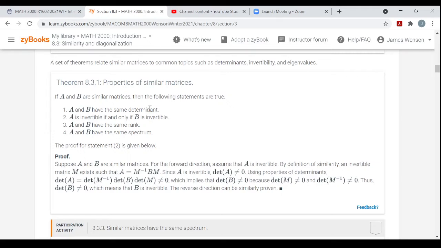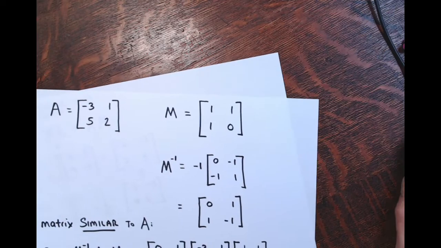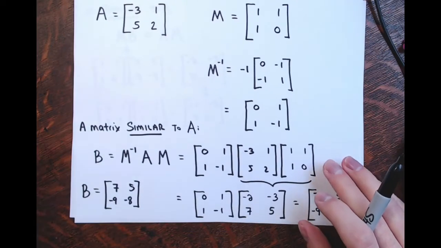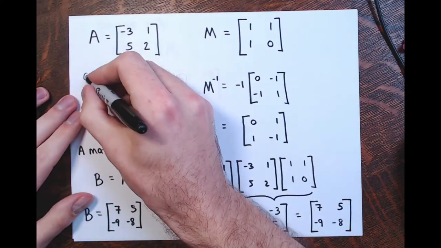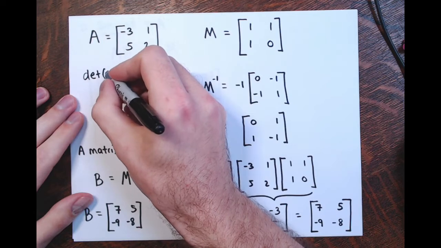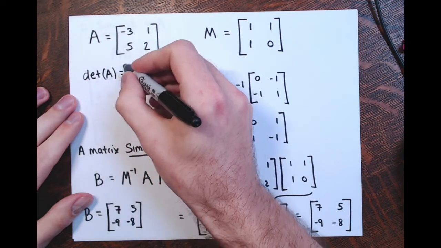All right, so going back and looking at the last example I just did, here was A. Now the determinant of A is what?